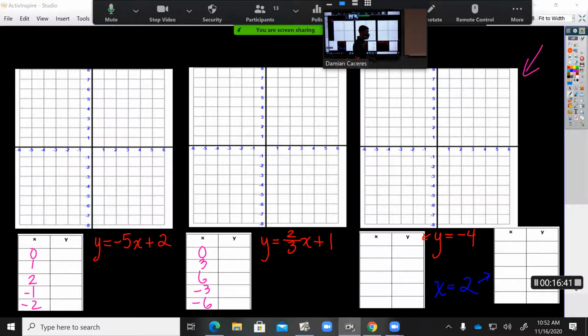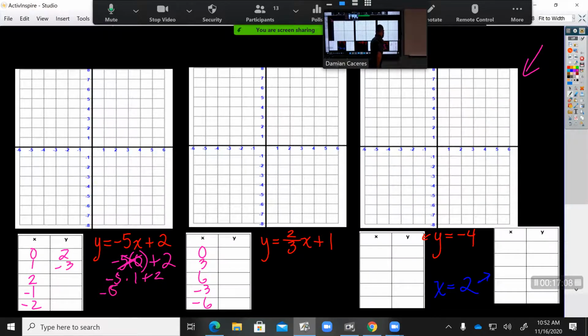Alright, so on the first one, you're plugging in the x values that we put here as the first number in the x column. So we plug it in for x because it's in the x column. -5 times 0 is 0, and 0 plus 2 is 2. Now we do the same thing for all the other numbers. -5 times 1 plus 2 would be -3.